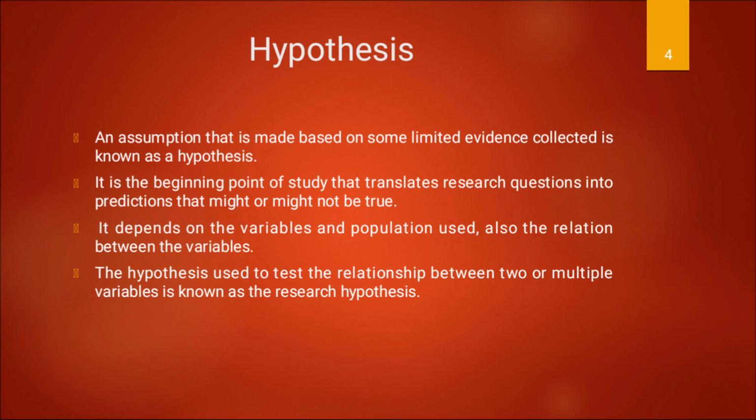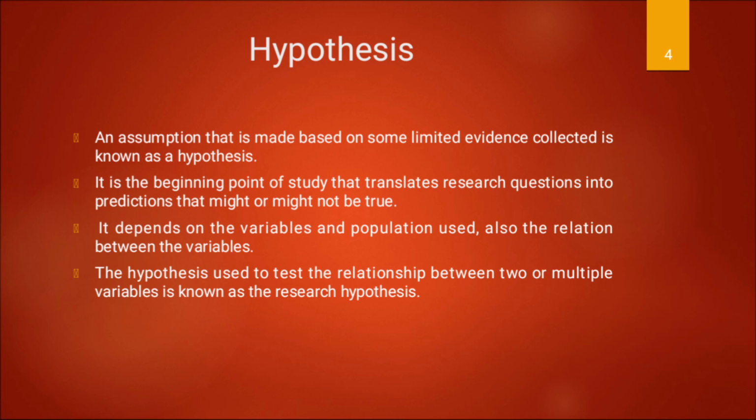Basically, in research we use the hypothesis to check whether we are going on the right track, or have diverted from the main path. It depends on the variables, the population used, and also the relation between the variables. What variables we have chosen, what type of population we use, and the relation between the variables.